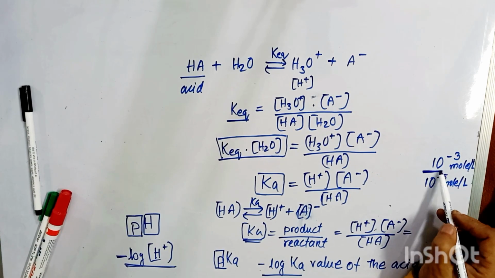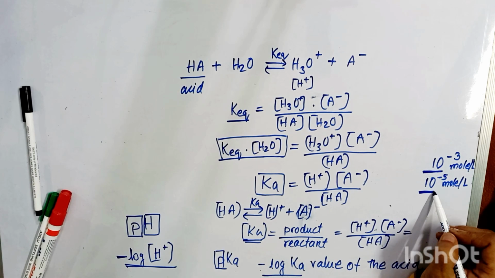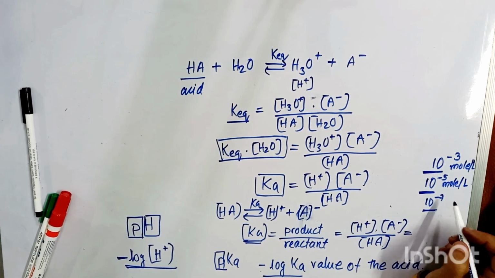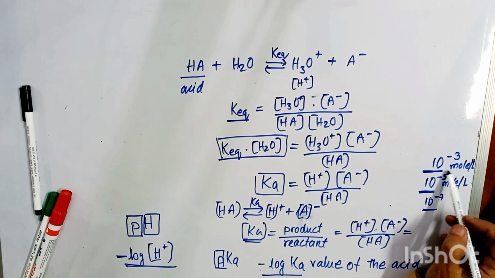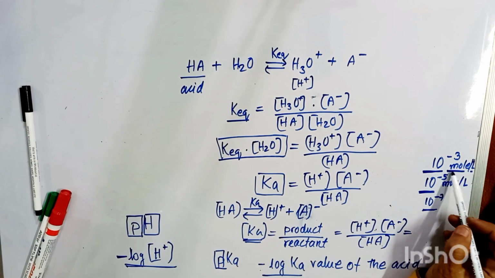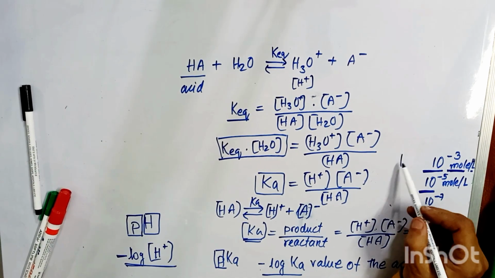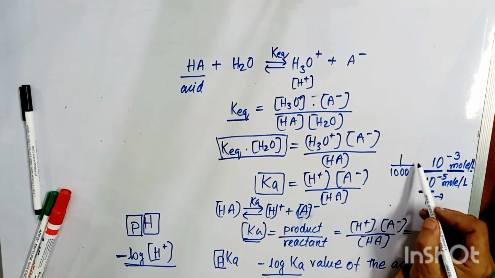Obviously 10 to the power minus 3 is higher than 10 to the power minus 5, and 10 to the power minus 7 is lower. Why? Because 1 mole per liter is 1 mole, while 10 to the power minus 3 is a fraction of 1000, 1 by 1000 moles of hydrogen.